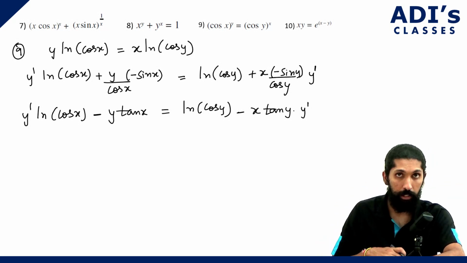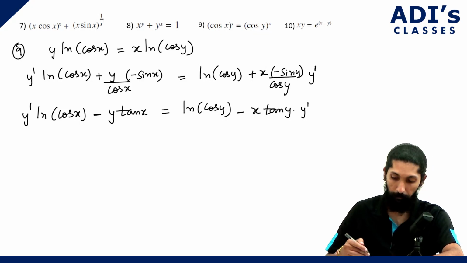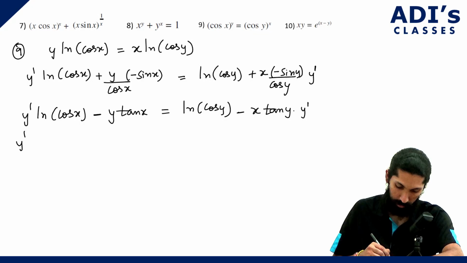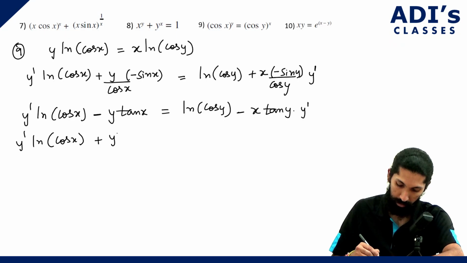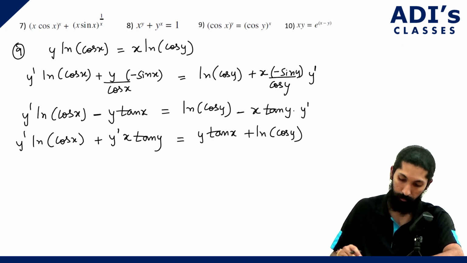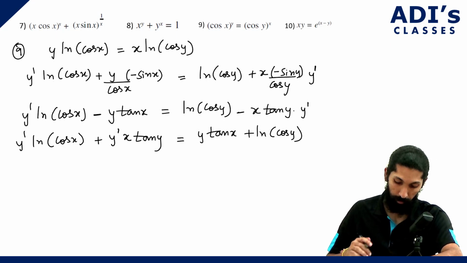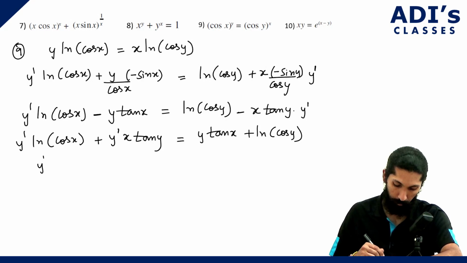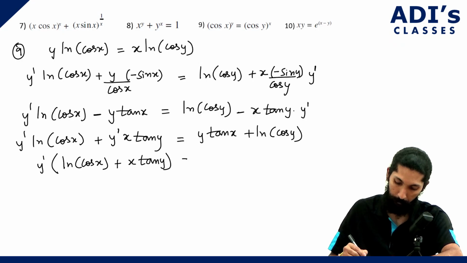So you'll get y dash into log of cos x plus y dash into x tan y is equal to y tan x plus log of cos y, isn't it? So finally take y dash common, y dash into log of cos x plus x tan y is equal to y tan x plus log of cos y, correct?